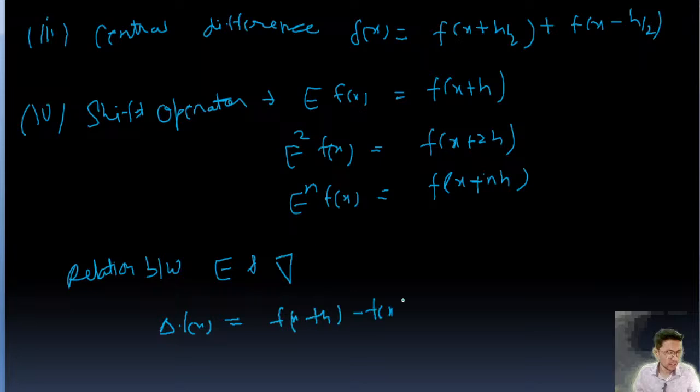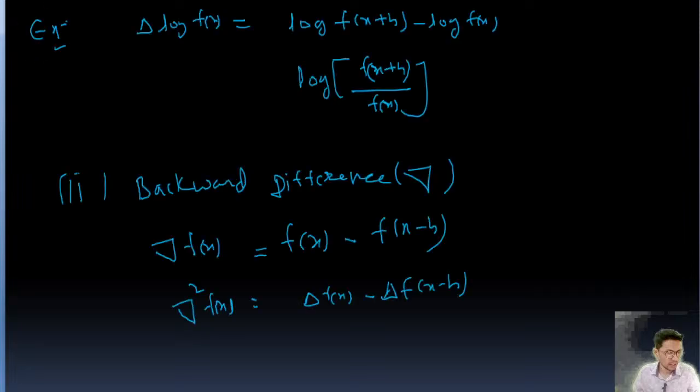So from here, backward delta f(x) is going to be f(x) minus f(x minus h). So we can write from here, these are backward delta, guys.